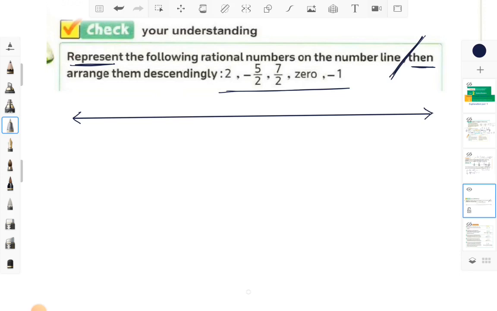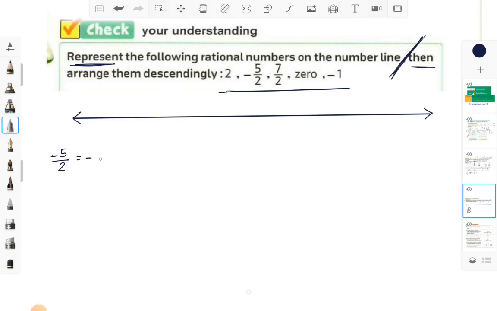But first look at these numbers. We have 2, negative 5 over 2, 7 over 2, 0 and negative 1. 2, 0 and negative 1 are easy to put on the number line. But look at negative 5 over 2. It's an improper fraction.